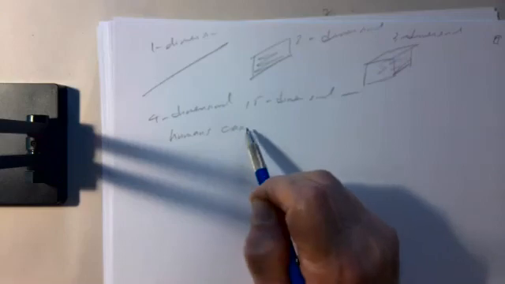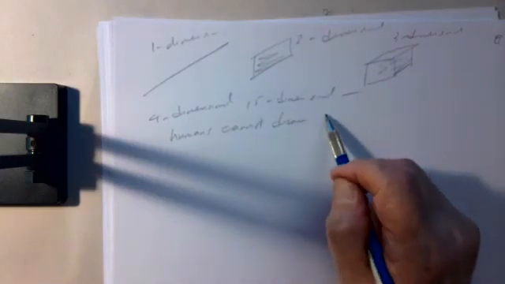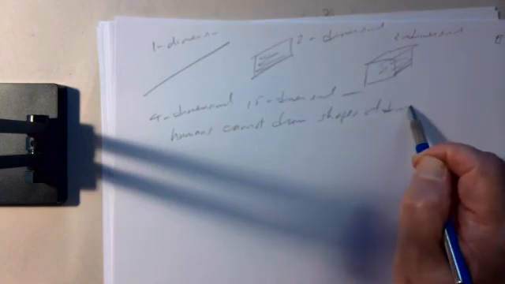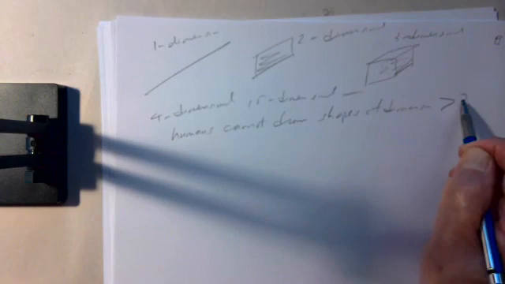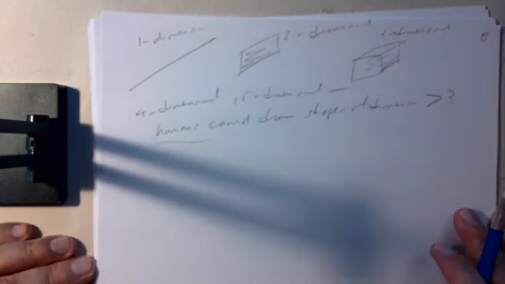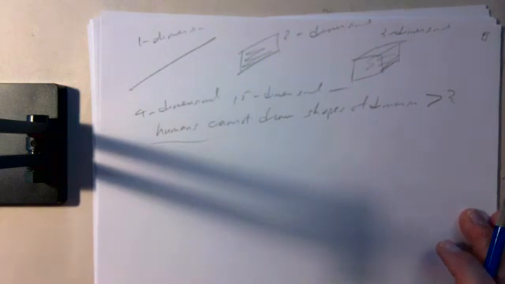So humans cannot draw shapes of dimensions strictly bigger than 3, but that doesn't mean they don't exist. It just means we can't draw them. So that's the way it is.